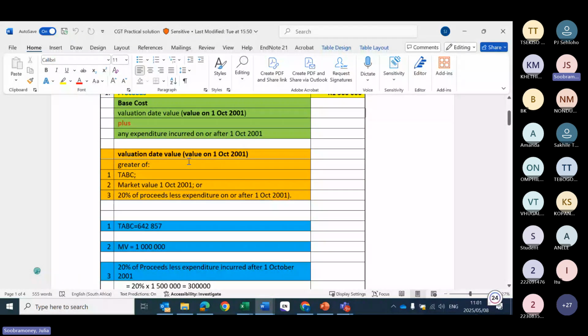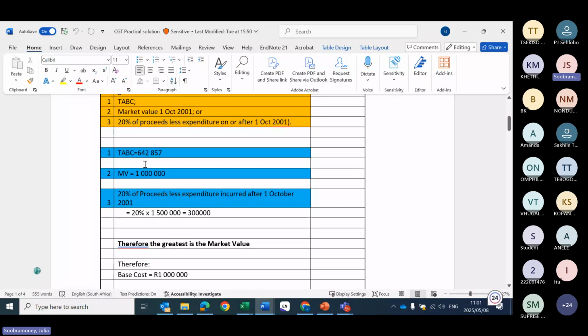So maybe instead of seeing, for example, this is 300, maybe by mistake you put 1.33 million. Your calculator made an error. But then you tell me your greater one was 1.3 million. I still have to give you the mark by telling me what is your greater one, okay? Why? Because you're correct. If this is 1.3 million, it's definitely greater than the 1 million and the 642. So it's important that you write down everything.